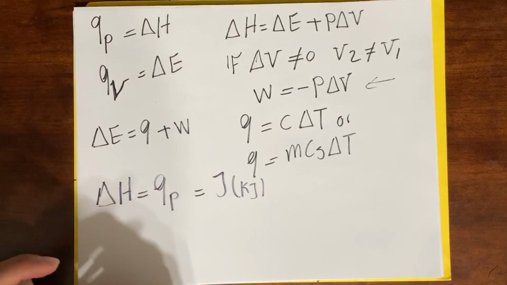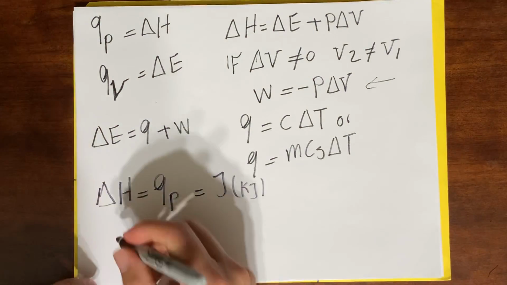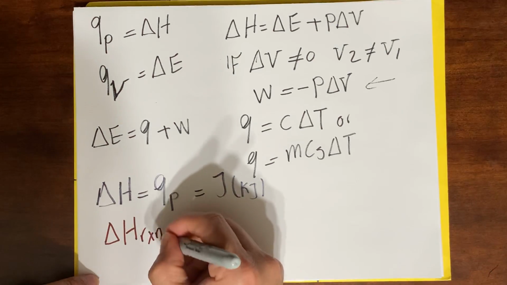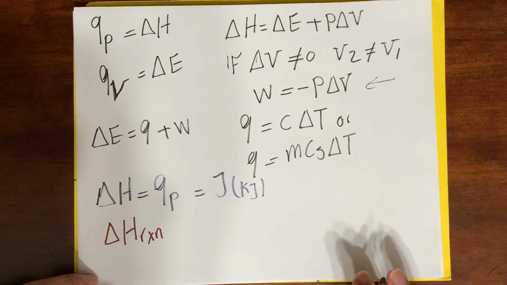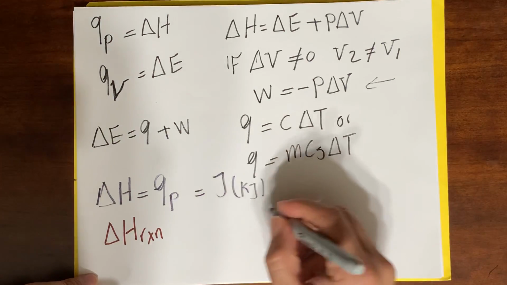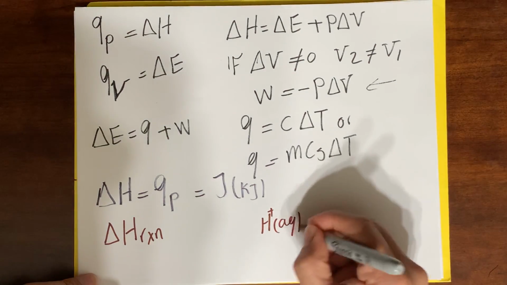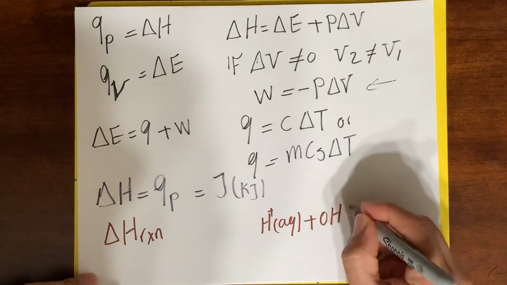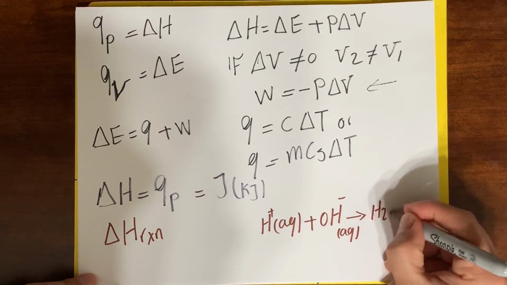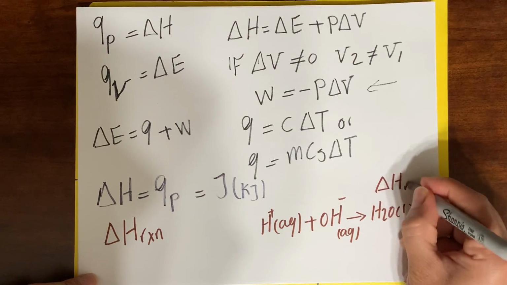But if you want to calculate delta H for a specific reaction, let's say you have a balanced reaction, example, H plus OH gives H2O liquid, and you want to know the delta H of this reaction.